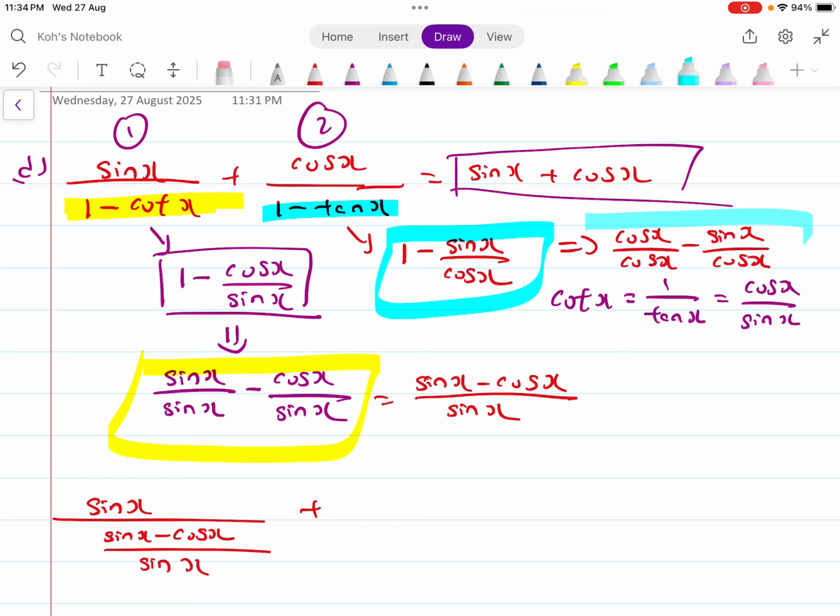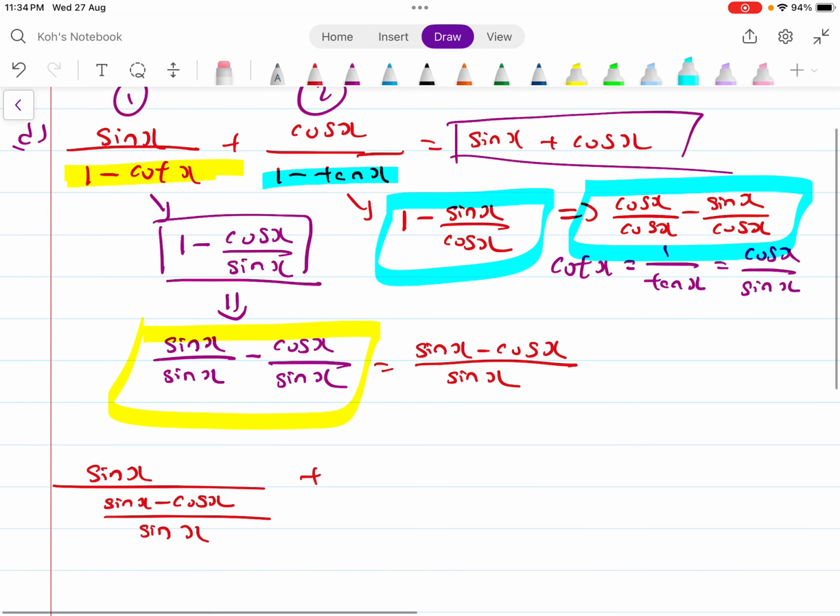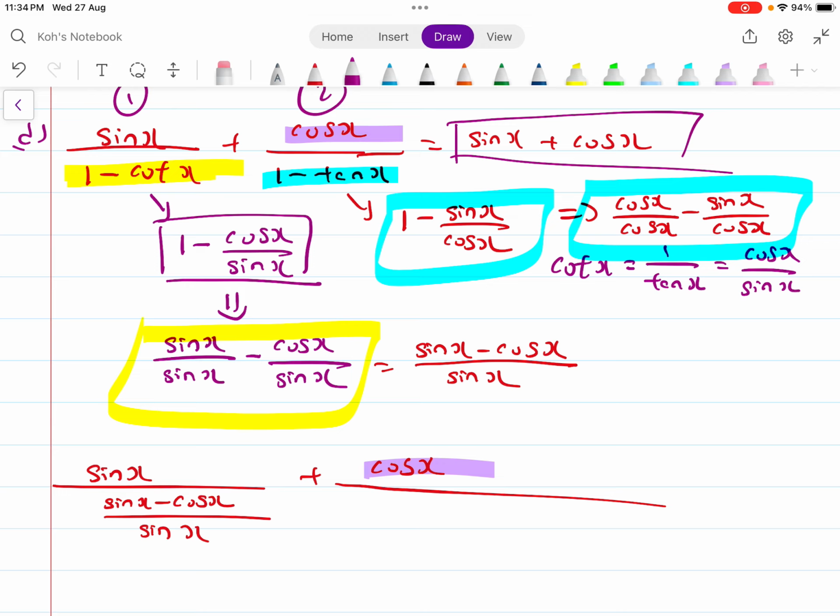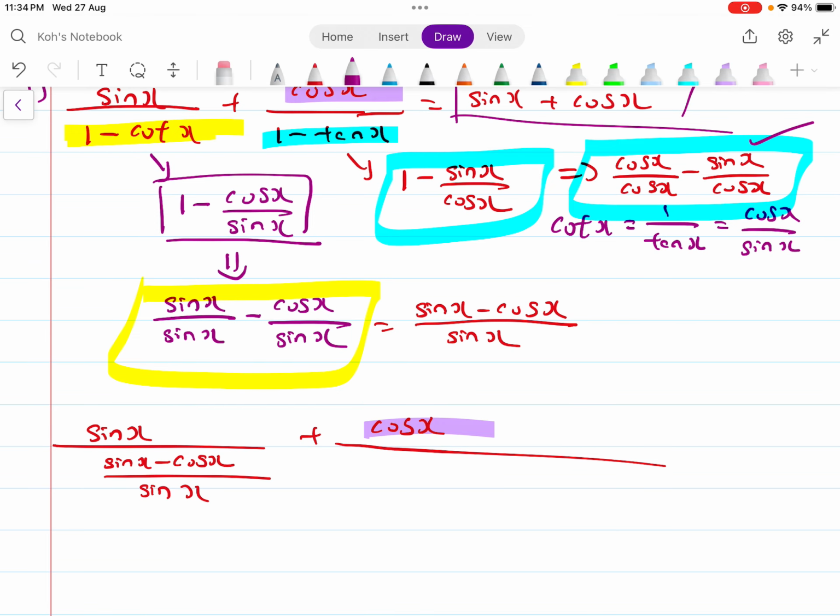This is the second term right here. So I write it in here: cosine x over, because cosine x is at the top that you see here, over this whole thing, cosine x minus sine x over cosine x.